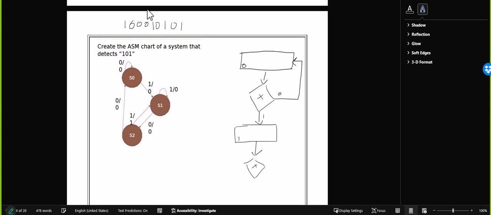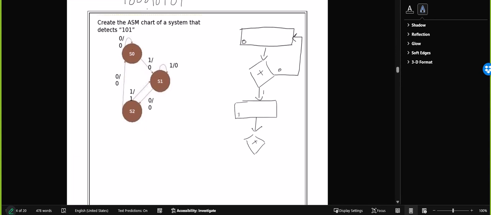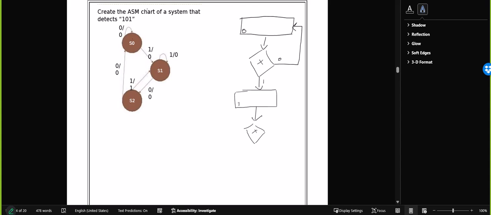I'm just saying I'm checking X right here. Oh, okay, that makes sense. And then if X is 0, I do one thing, and if X is 1, I do another thing. So if X is 0 from state 1, you go to state 2.